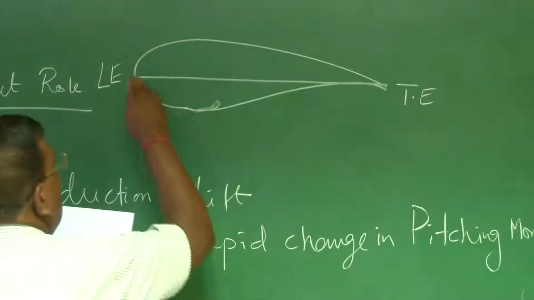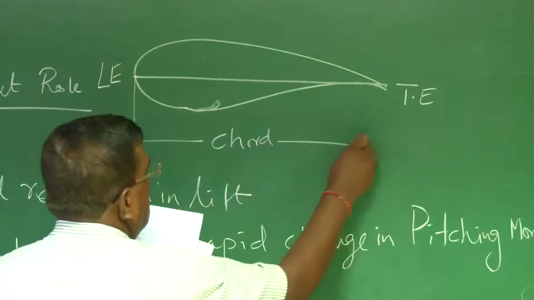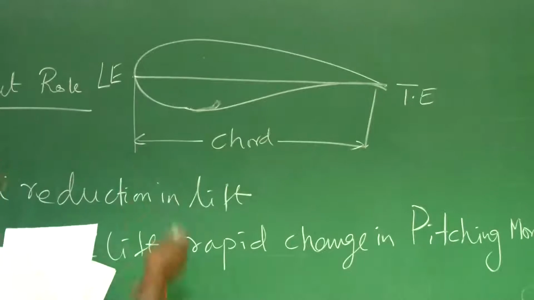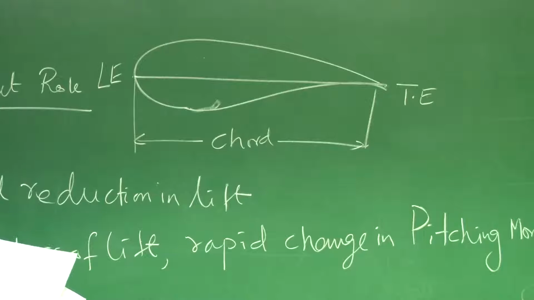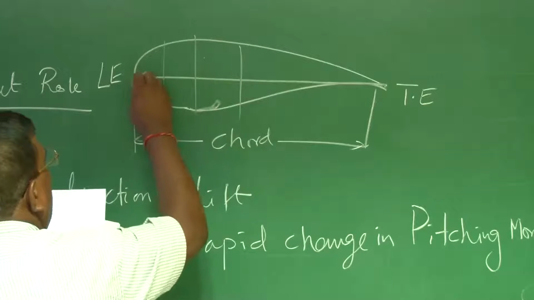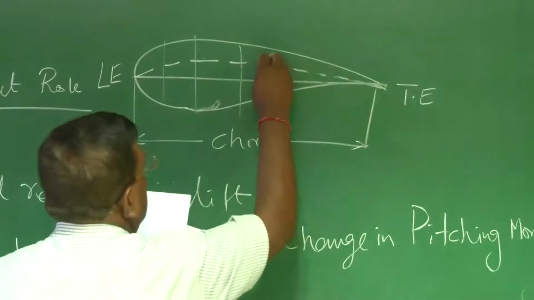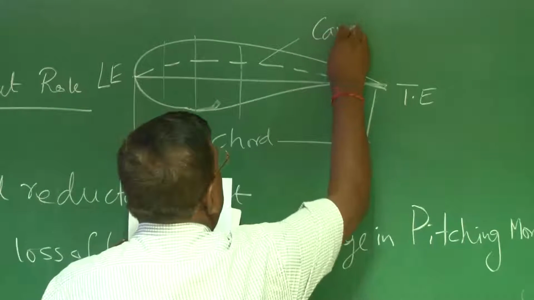Okay? And this distance is called the chord, right? And if I take every section like this, take the middle part, then this will give me the Kimber line, which is the Kimber line.